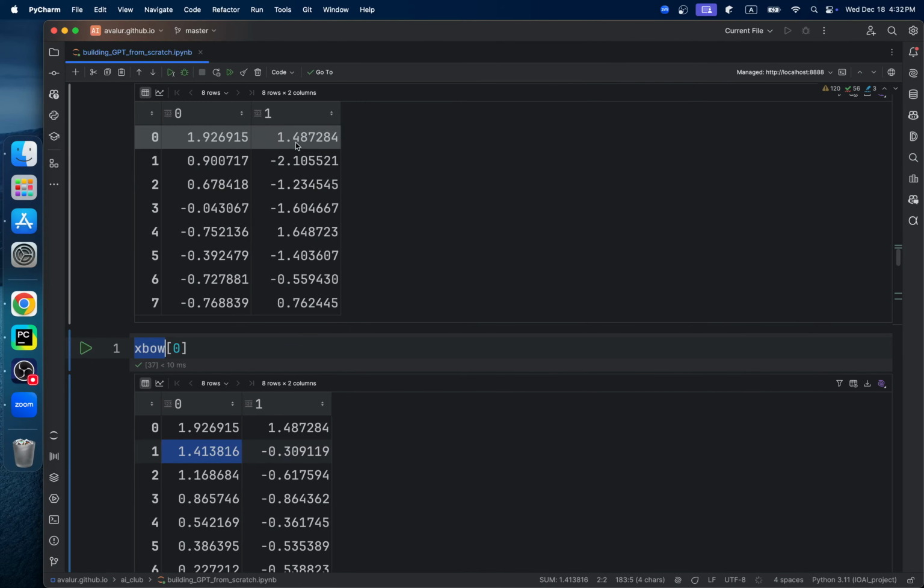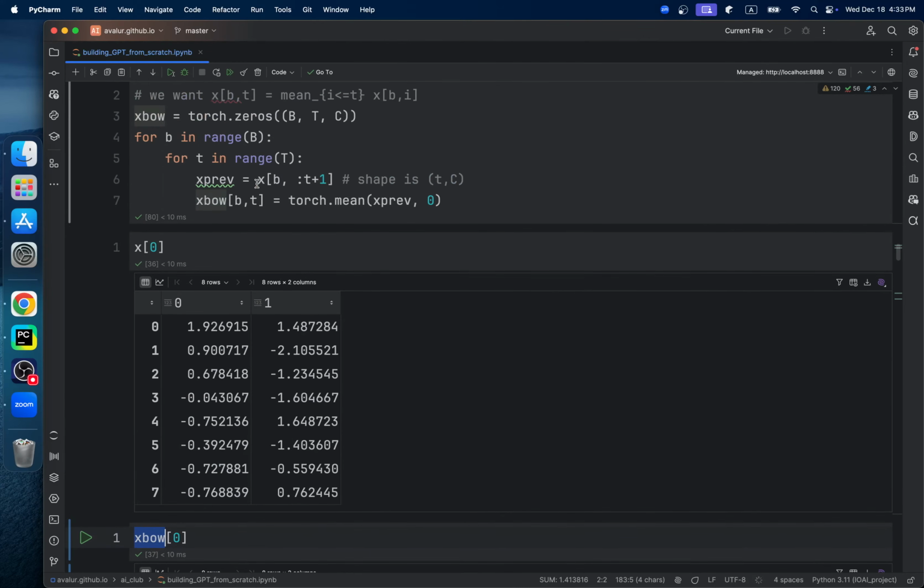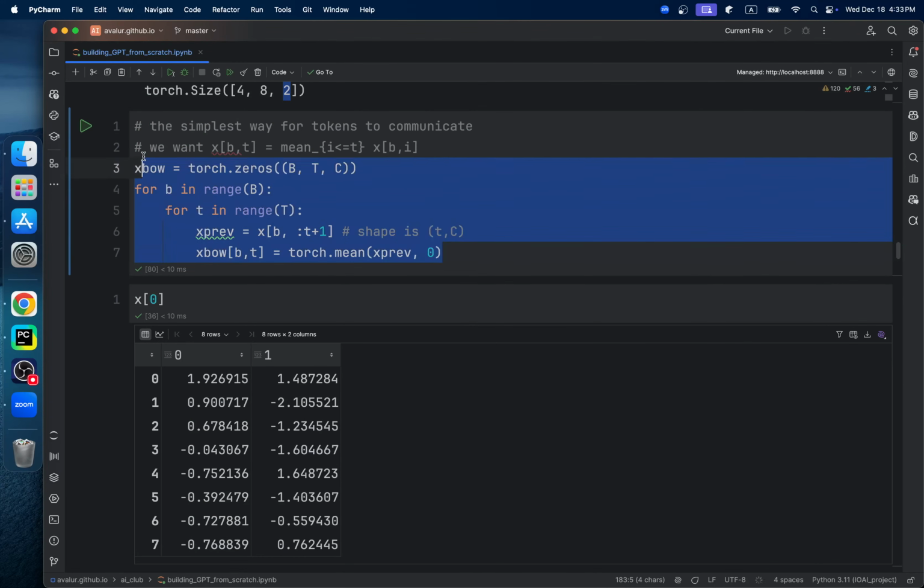So 1.4 plus minus 2.1, it is about minus 0.7, and then we divide it by 2, so the result is minus 0.3, and so on. So the third vector here in xbow is the mean of the components of the first 3 vectors in the original data set.